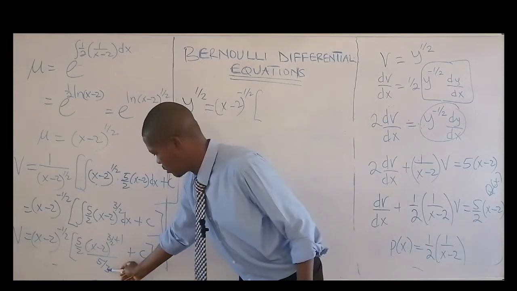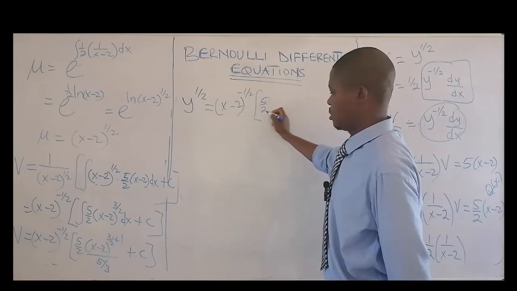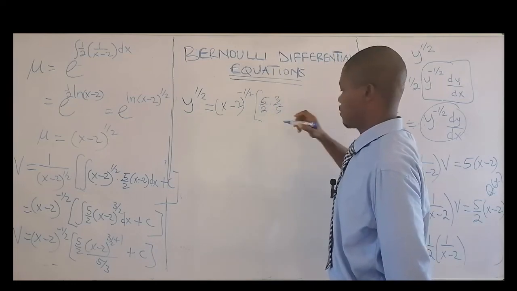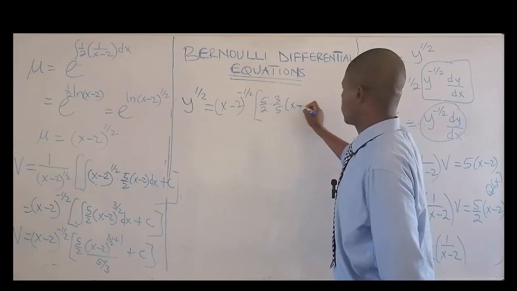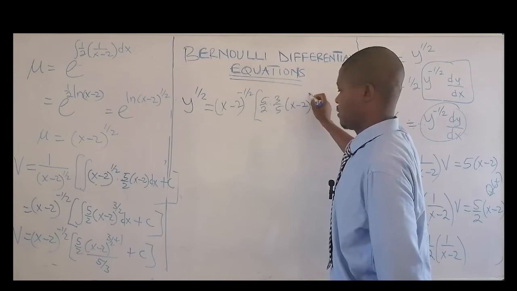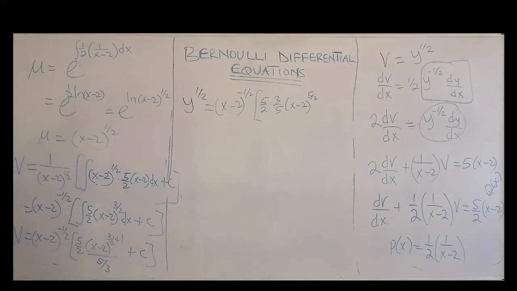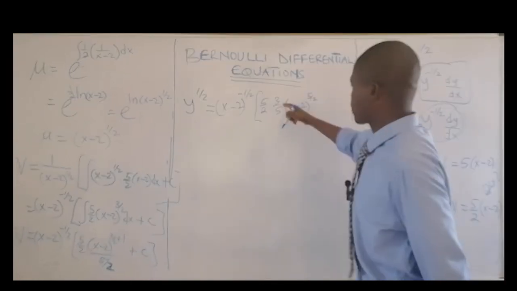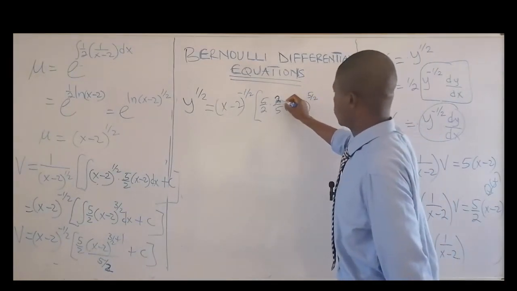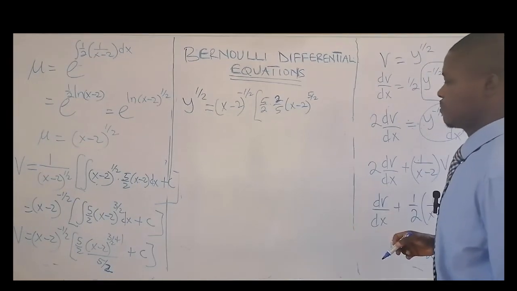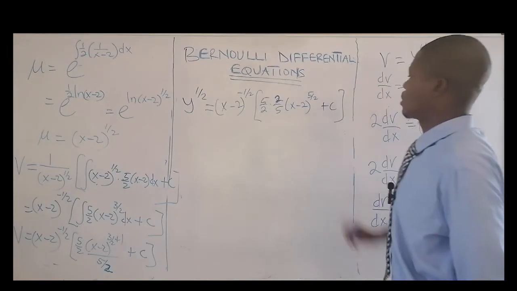Three over 2 plus 1 is 5 over 2. So the 5 over 2 times 2 over 5 cancel, and we have x minus 2 to the power 5 over 2, plus c.